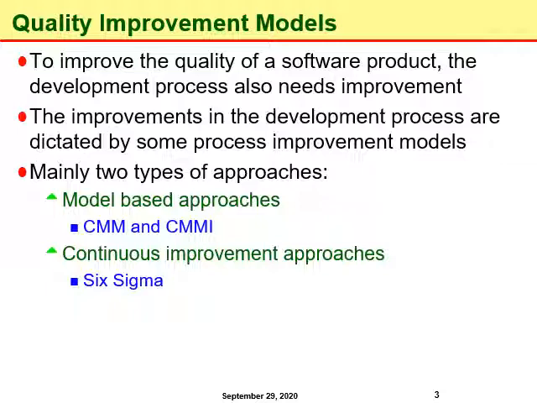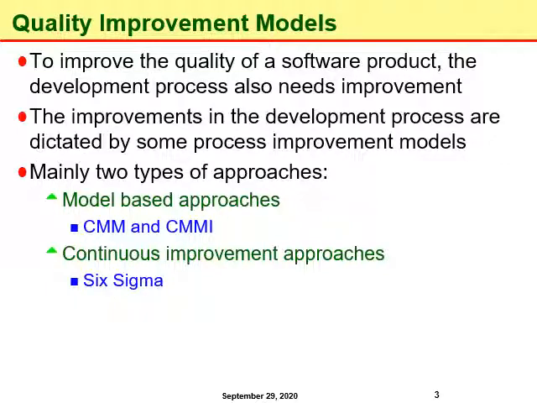On the other hand, continuous improvement approaches can be used to develop company-specific solutions for important problems and to assess the effects of improvement actions. The example of this model is the Six Sigma model, and in fact, there are also some other models.